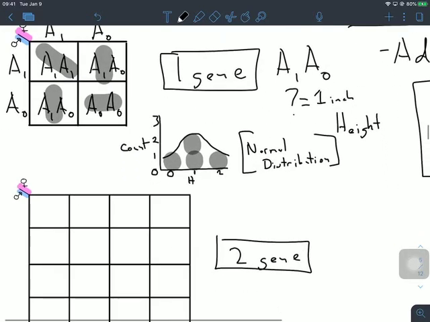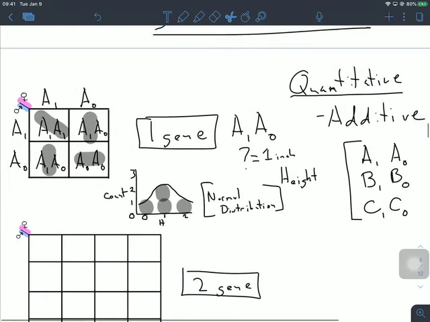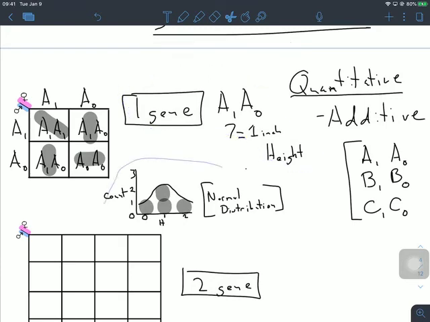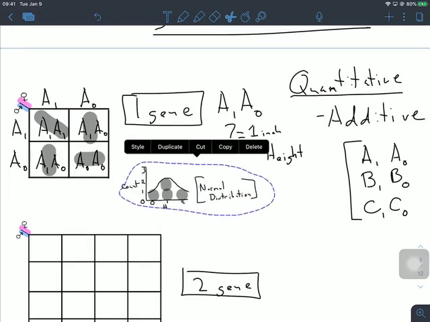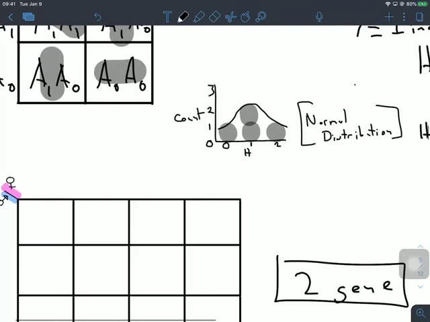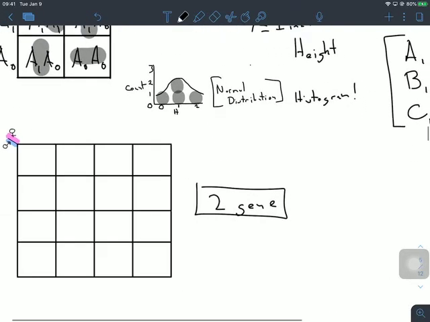So in the same way, let's go ahead and shrink this down a little bit. You could put a Punnett square together and then a histogram, which is exactly what this is, for a 2-gene system where you have genes A with A1 and A0 and gene B with 1 and 0.